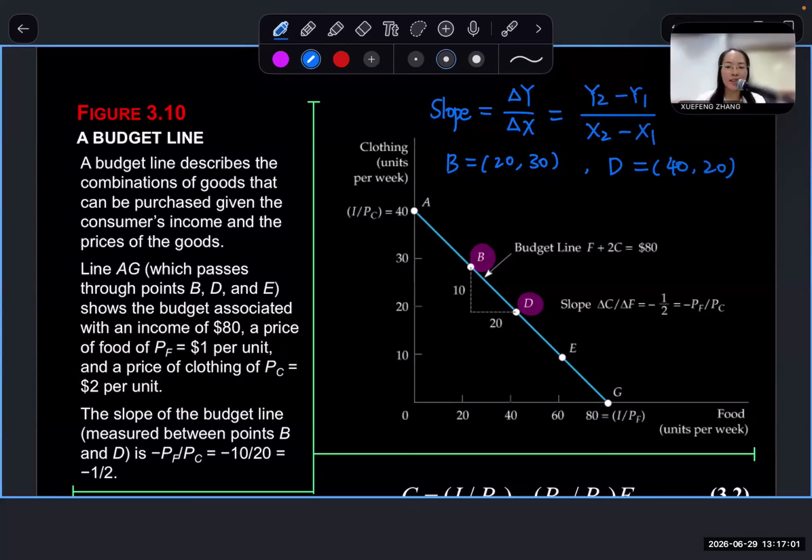So we can calculate the slope equal what? 20 minus 30, okay? It's here, Y2 minus Y1, okay? 20 minus 30 over 40 minus 20, which is negative 1/2, okay? It's here.